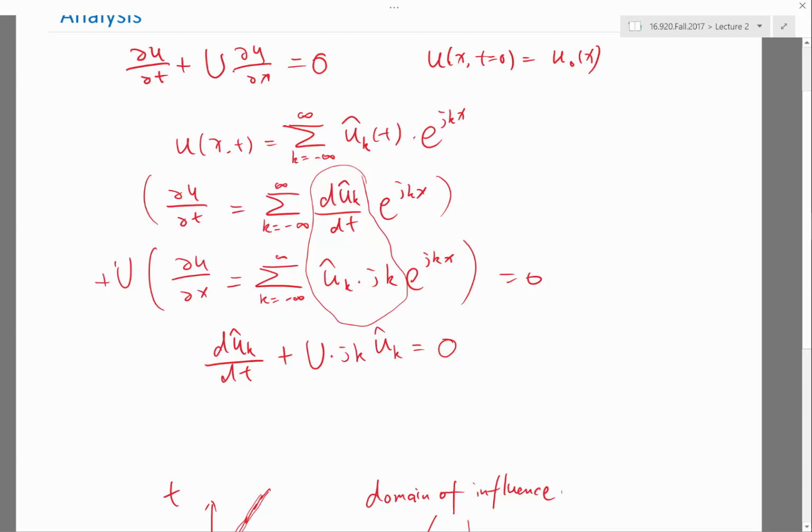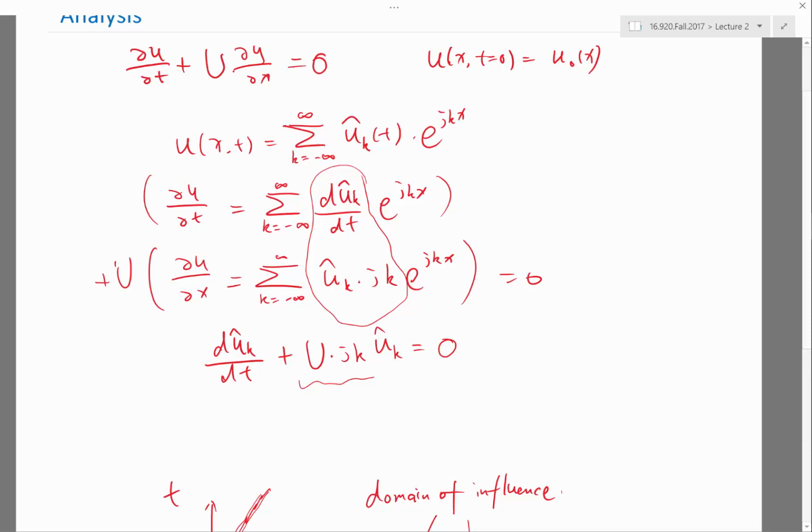Can somebody tell me the behavior of this ordinary differential equation? Oscillatory, right. We have a purely imaginary multiplier here.